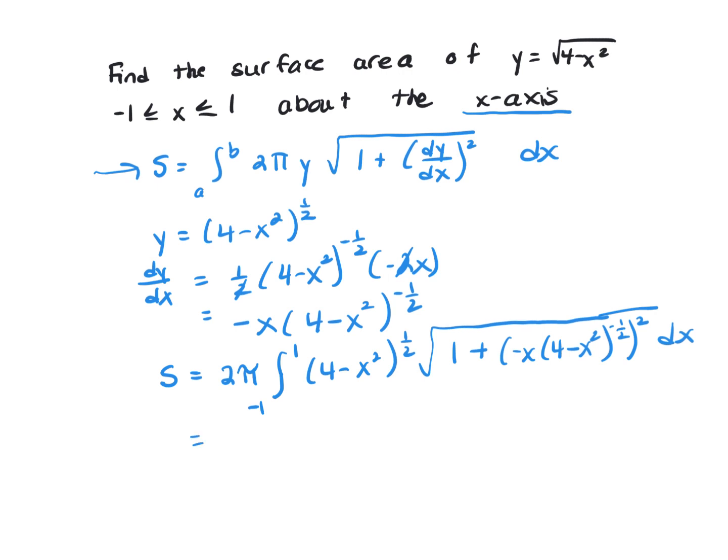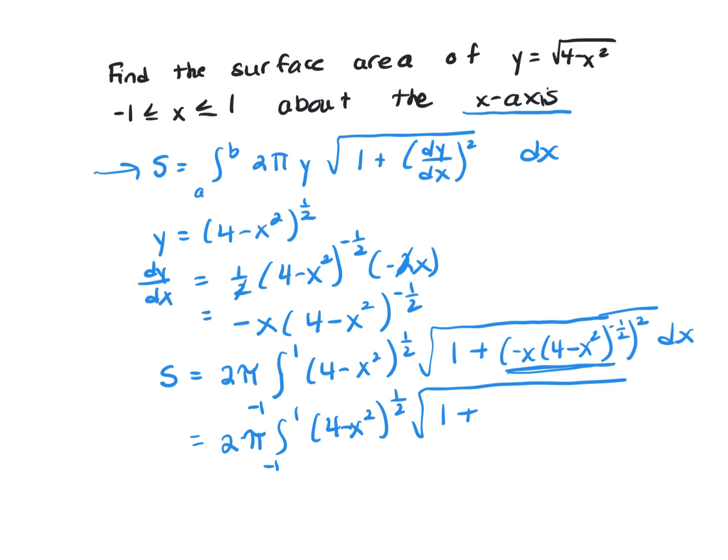I'll do one more row of simplification. It's 2 pi, between -1 and 1, (4 minus x squared) to the 1/2 times the square root of 1 plus, we are squaring the derivative. The derivative consists of 2 factors.